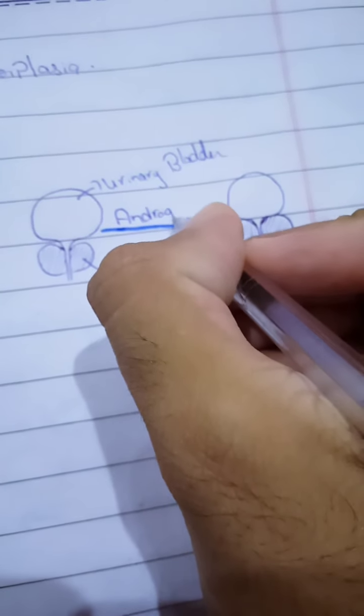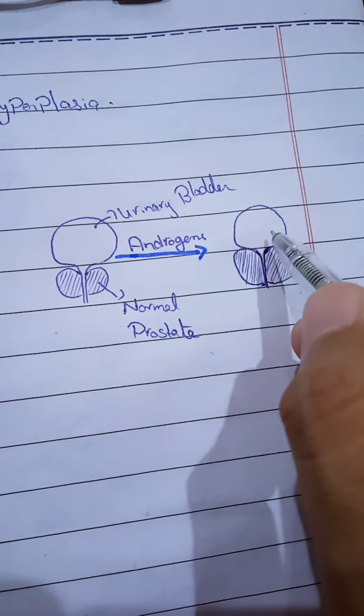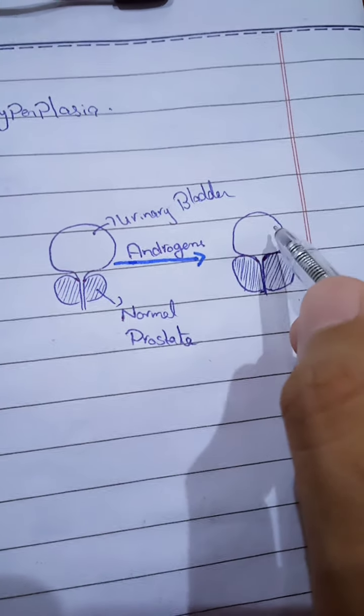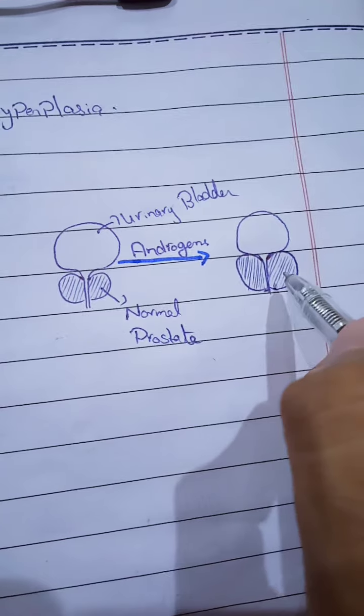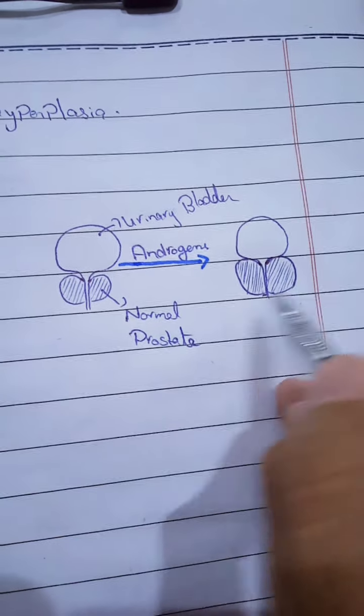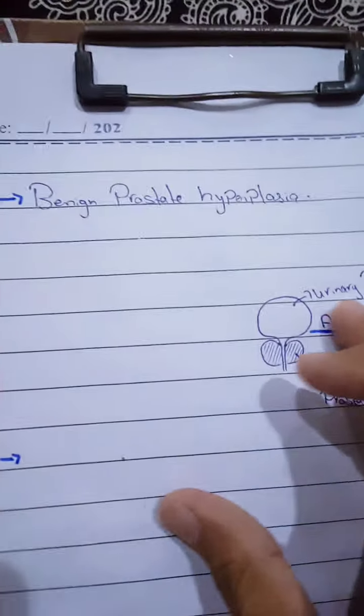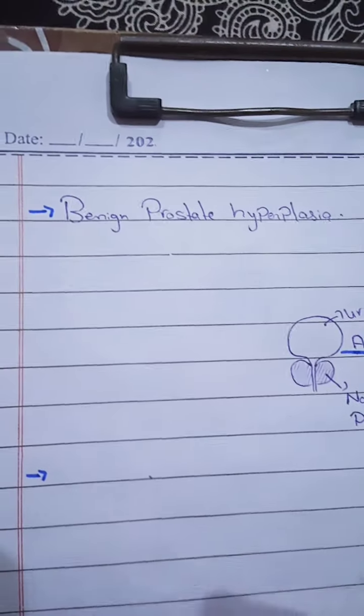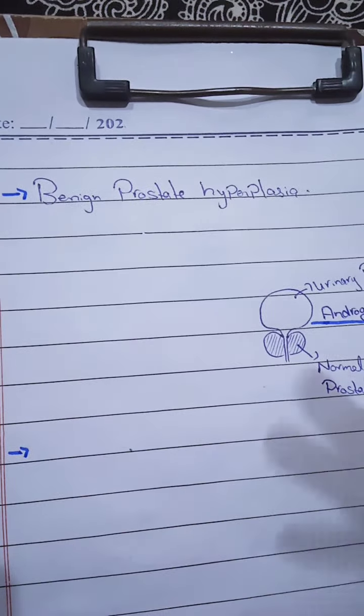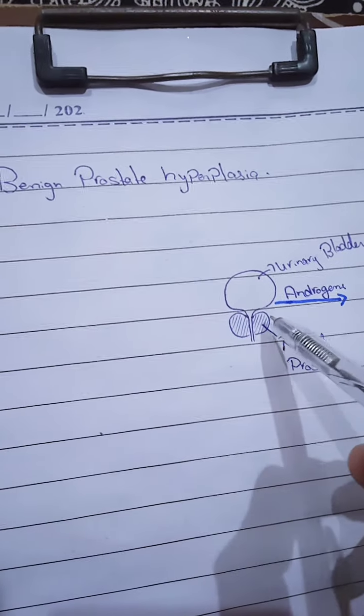Androgens are those hormones which cause benign prostate hyperplasia, and this is very important. I made this so you remember that this is the urinary bladder and the prostate is present inferior to the urinary bladder. This is a viva question, also very important, and let's see that this condition only occurs in males. Why? Because the prostate is only present in males.